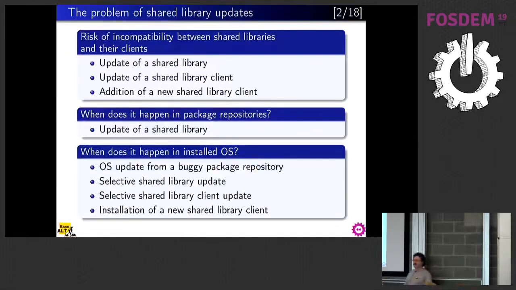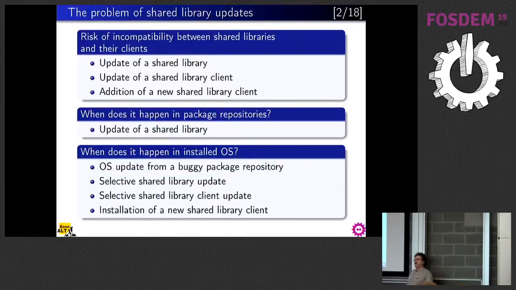Every time a shared library is updated, or when a client of a shared library is updated, or even if a new client of a shared library is installed, there is a risk of incompatibility between the shared library and some of its clients.